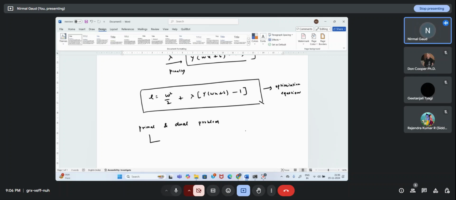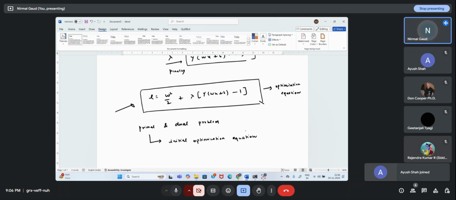Primary problem or primal problem is the problem which is the initial optimization equation. This is my primary problem. As you are seeing here, this is my primary problem.